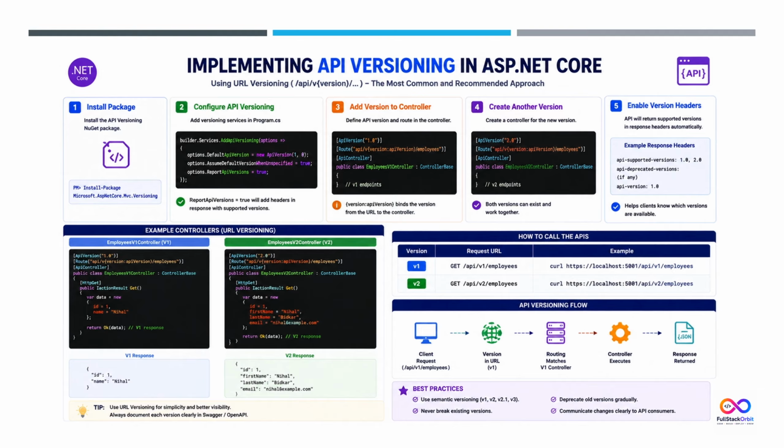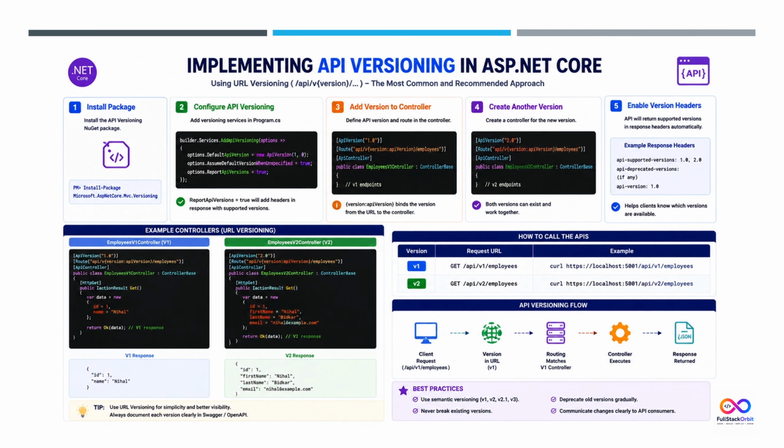Now let's discuss calling a different API version. Calling a different version is very simple. If you see the version 1 URL, it has a GET method api/v1/employee.